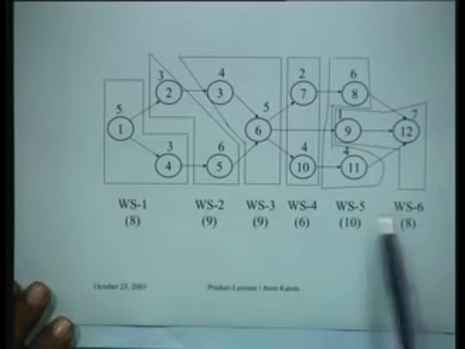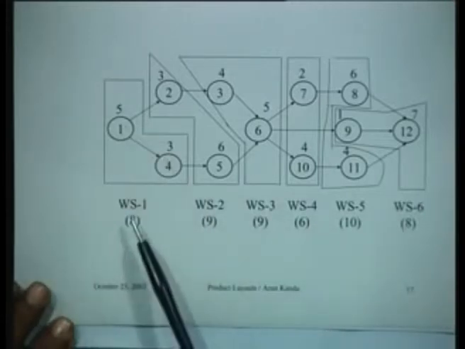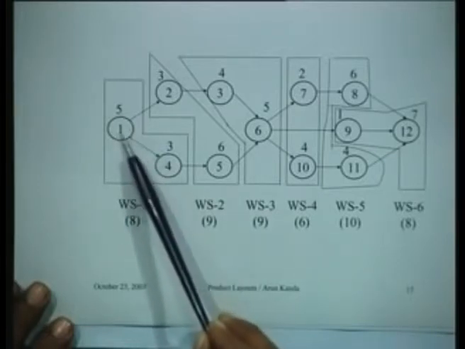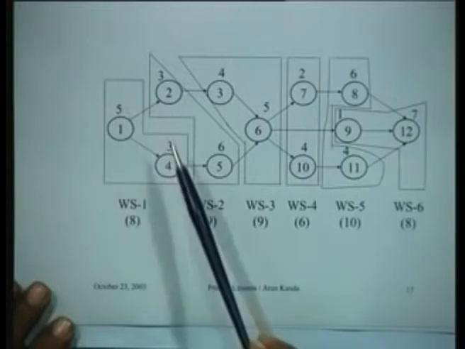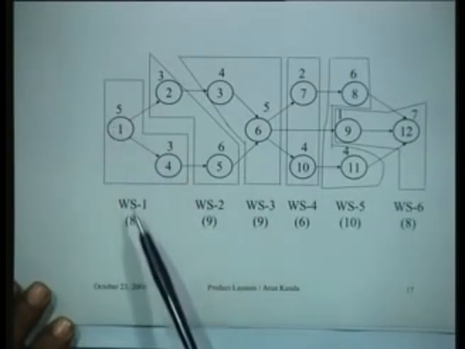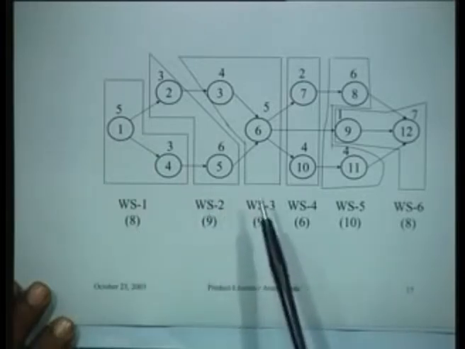What is a workstation? I have exactly defined what is to be done at this workstation. The person who sits at workstation 1 will first do operation 1 and take 5 minutes, and then do operation 4, which will take 3 minutes, thereby taking a total of 8 minutes, and so on for the next operator and the next operator.